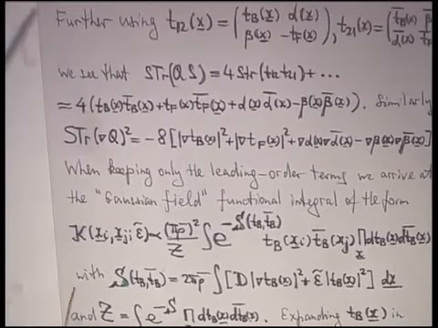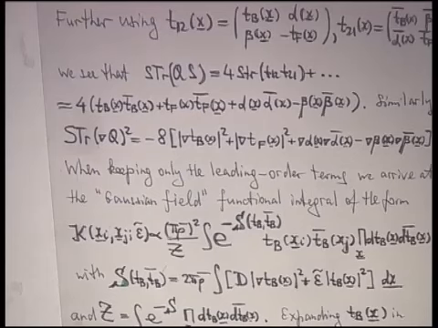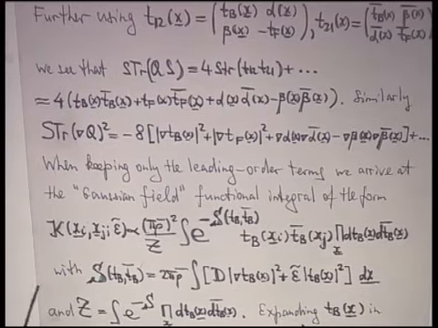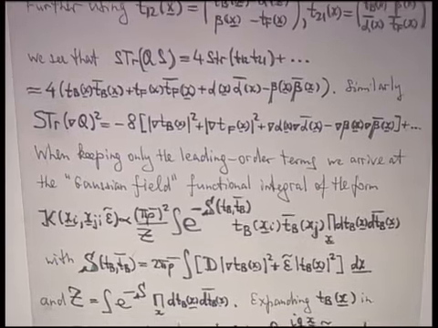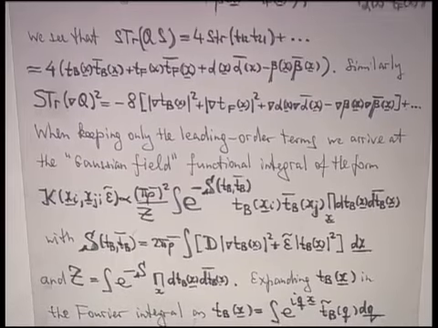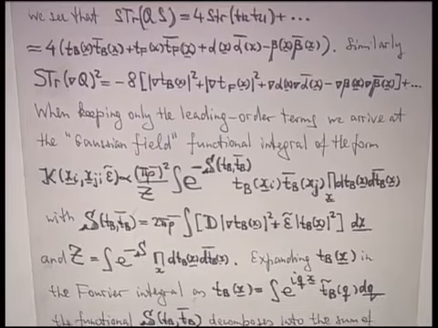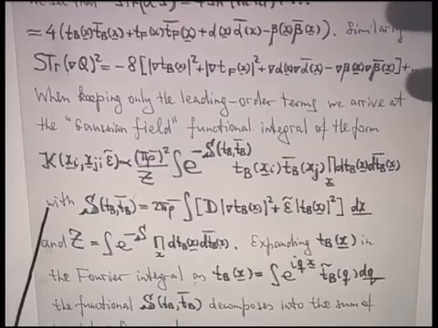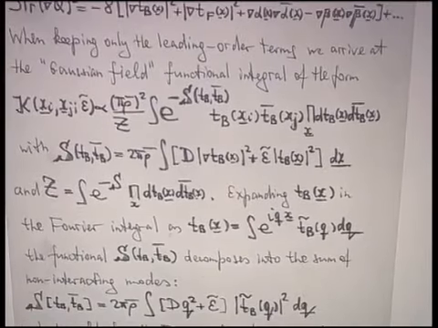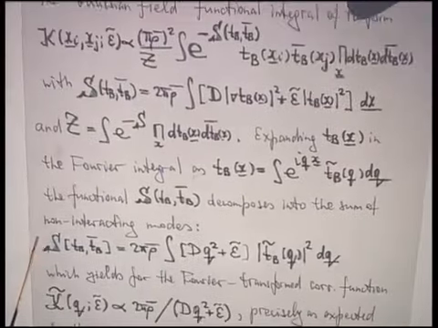And you immediately see that all terms in the exponential just decouple into a quadratic form, practically diagonal. It's not diagonal in X representation. We should go to the Fourier representation. Then it will be really diagonal. It just decouples into all modes. This we shall see in a moment.